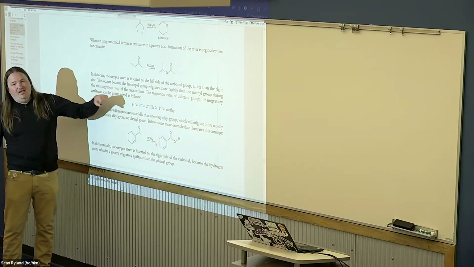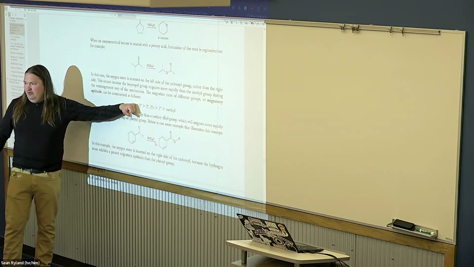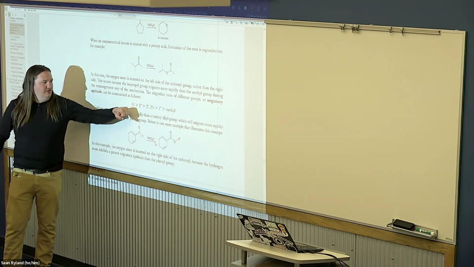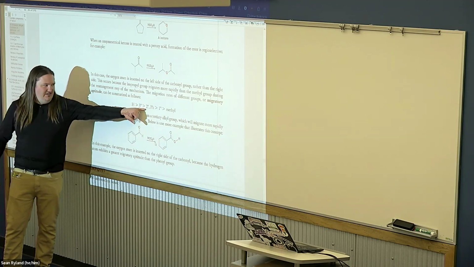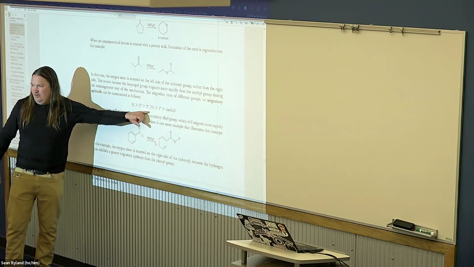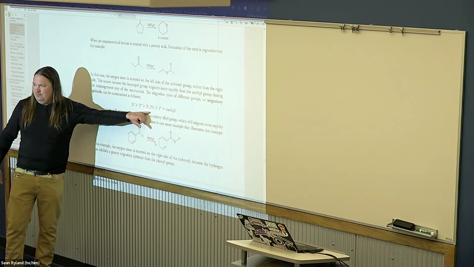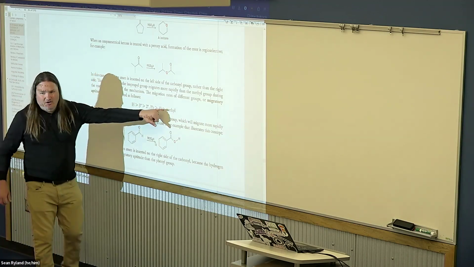Here, because we're moving into a lone pair instead, it follows carbocation stability rules. So a tertiary carbon will migrate faster than a secondary, and phenyl is relatively the same. And then primary.